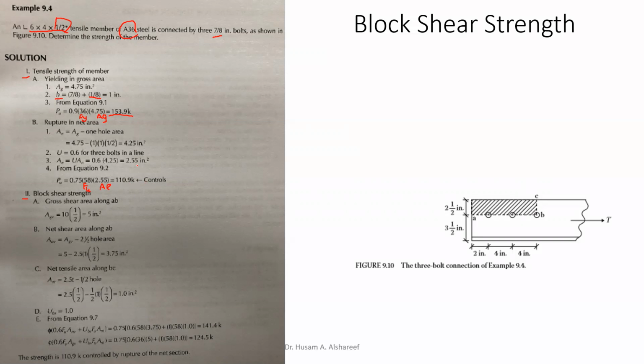So in comparison with the yielding in the gross area, the rupture is way smaller, which means it controls. So in this case, it fails by rupture first.